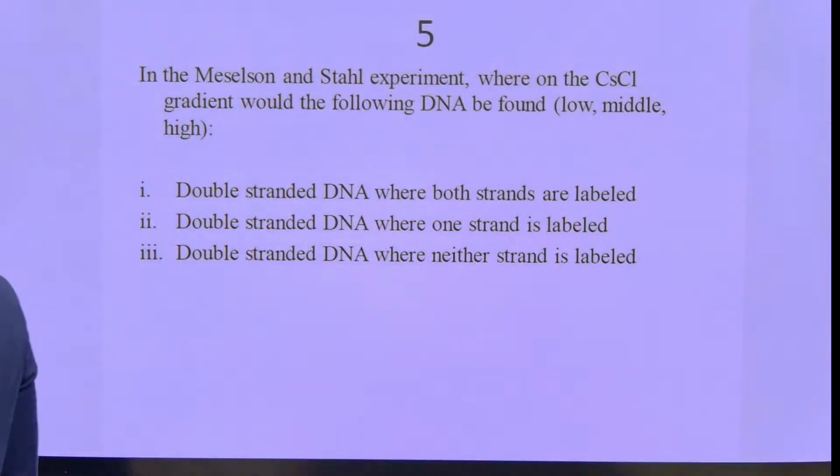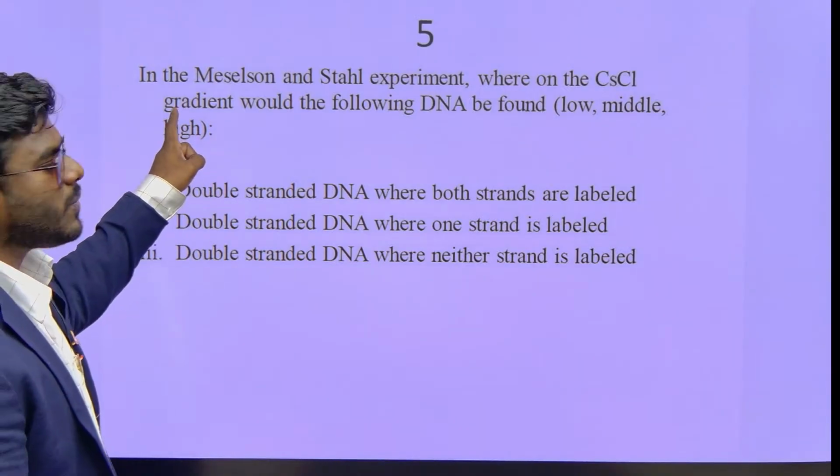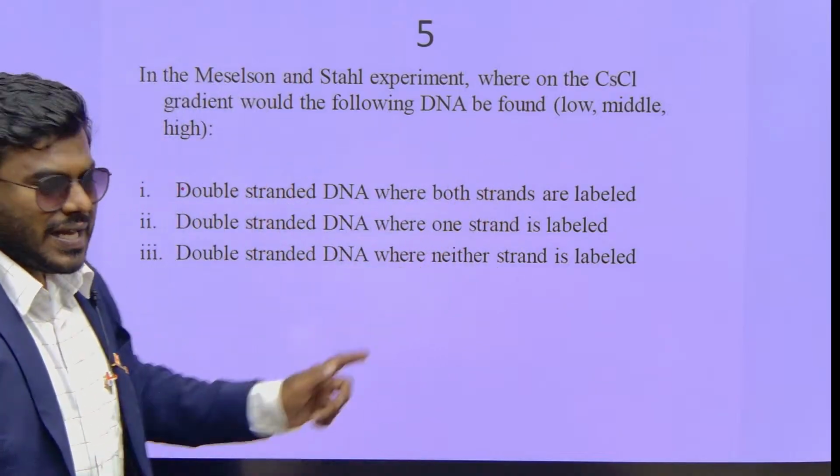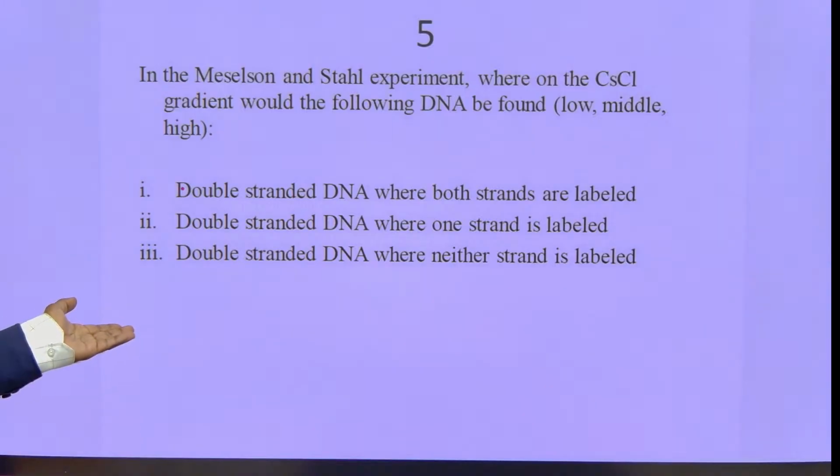Slowly think. Forget about the answer. Tell me what the question is asking about. Where on the cesium chloride gradient would the following DNA be found? They are asking where these can be found in a medium. You only have to tell the positions, that's all.